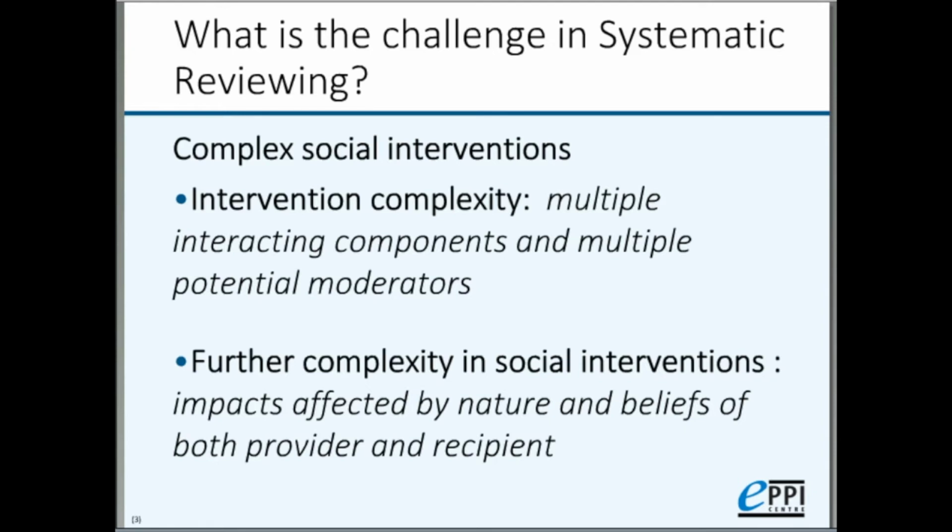Complex interventions are often multi-component, have lots of different pathways to intervention success, and can mean there are multiple interacting components and multiple potential moderators. Within social interventions, the context of delivery, as well as the nature of the intervention design, can add further complexity. So we can have complex interventions taking place within complex contexts.